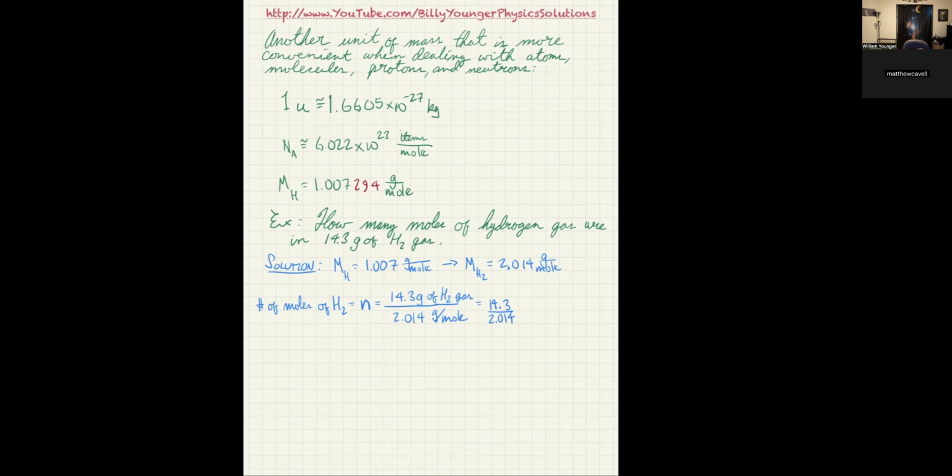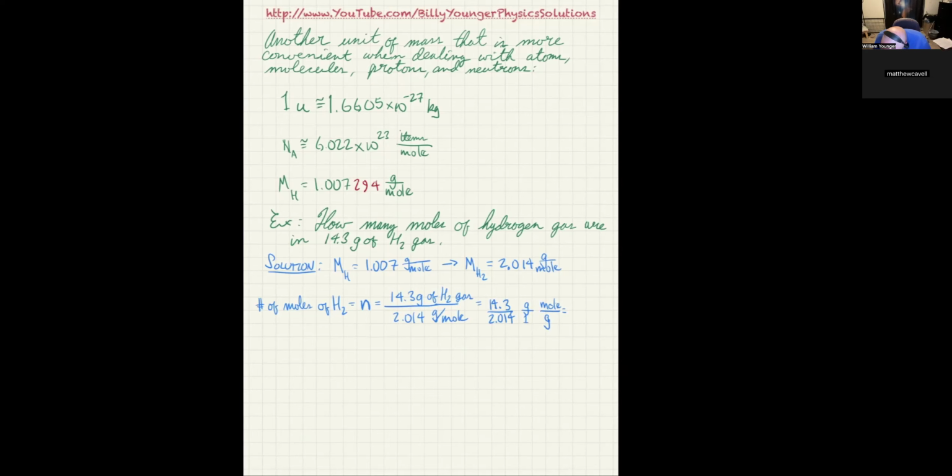Now the unit part of division is going to be grams, which was in the numerator, so we can write that over 1, and then that's going to be multiplied by moles per gram from the denominator.